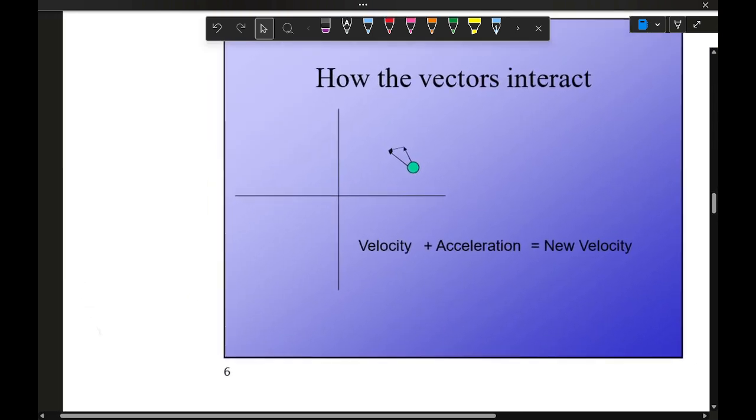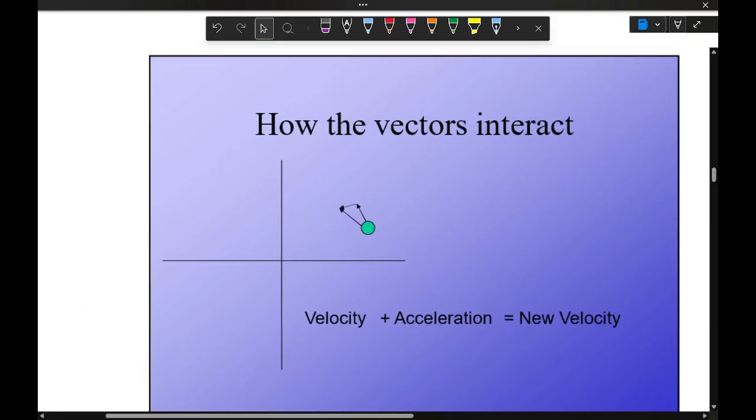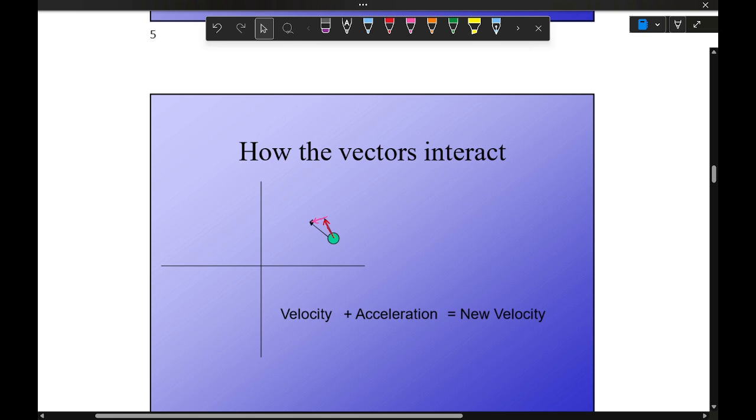Now, similarly, we have this initial velocity vector, and then the acceleration vector, which is in pink here. And over time, that acceleration vector will be added to the velocity vector as the change in velocity to get this new total velocity vector going here.